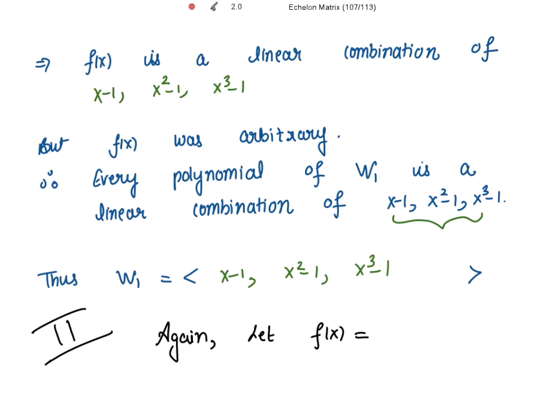Again, we suppose a polynomial that belongs to W2. Let f(x) = a + bx + cx² + dx³, belonging to W2.